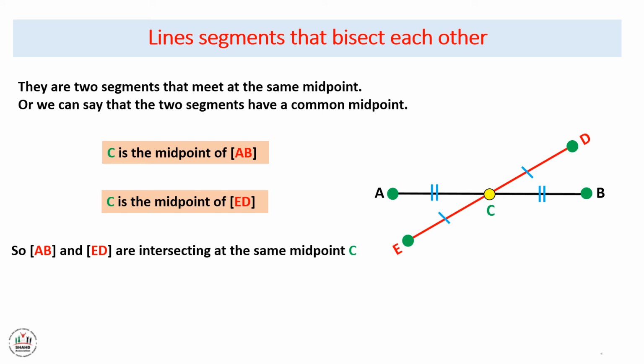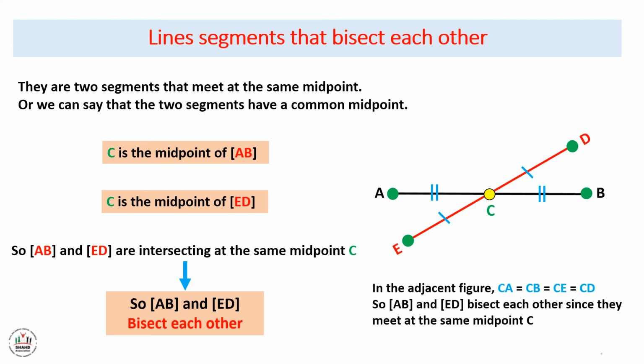So the segments AB and ED are intersecting at the same midpoint, which is C. So we conclude that AB and ED bisect each other because they have the same midpoint.